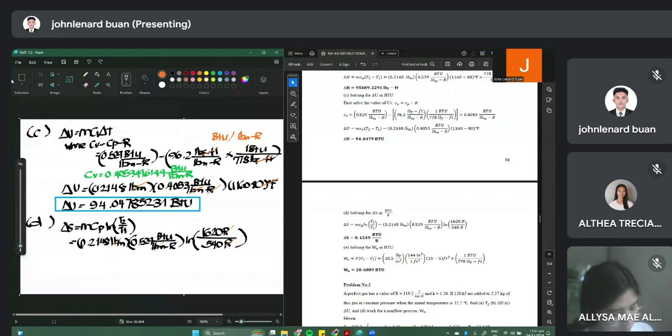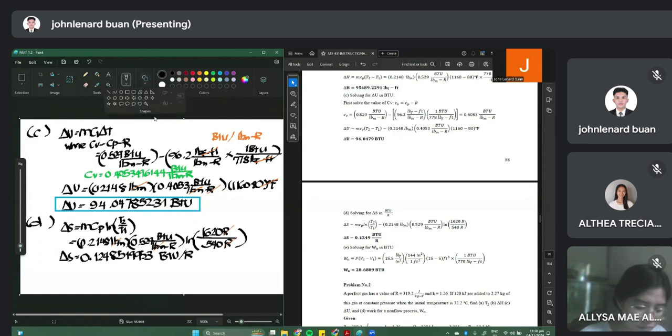So the answer for delta S, for entropy, is equal to 0.12485199953 BTU over Rankine. So that is the answer for letter D.